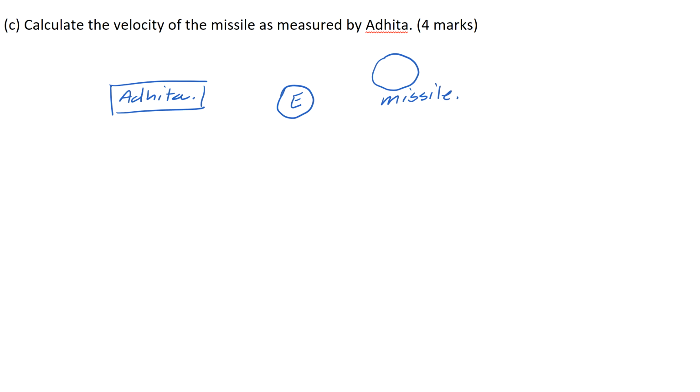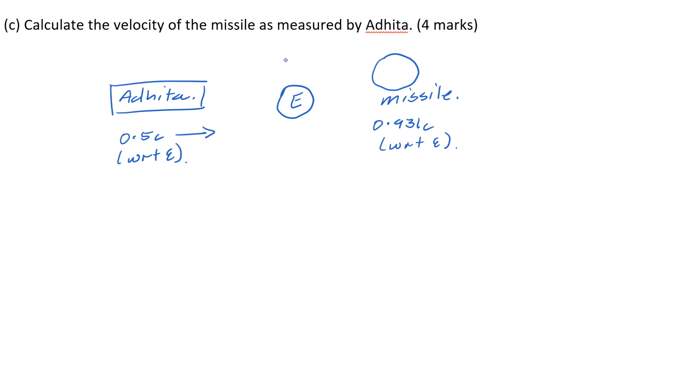Now we know the missile with respect to the Earth is 0.931 C. That's with respect to the Earth. And then we have Adata, which is 0.5 C to the right with respect to the Earth. And we want to find the missile with respect to Adata.